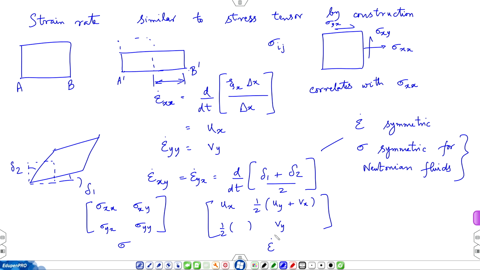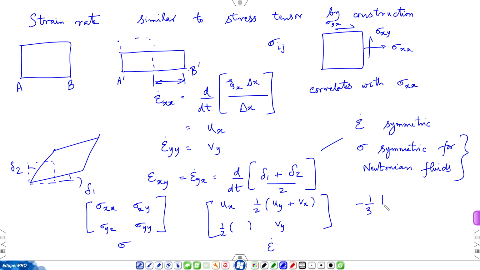So these terms correlate term by term, sigma xx with u_x, sigma xy with the strain rate, and even further, you know the trace of the matrix sigma. What is the trace of the matrix sigma? The sum of all the diagonal terms.